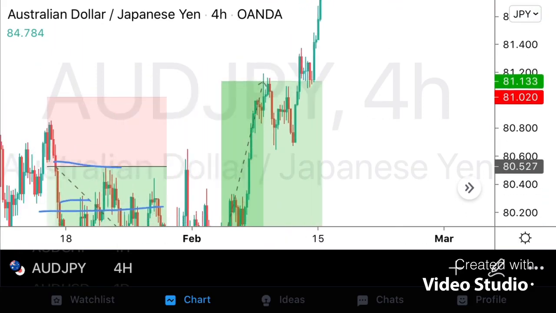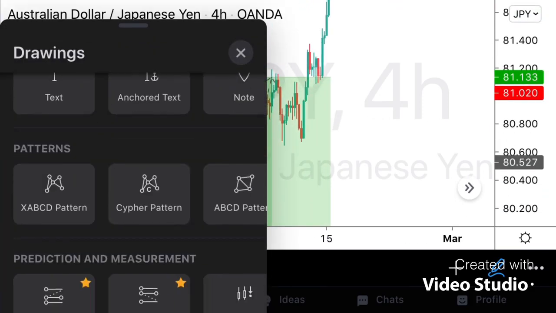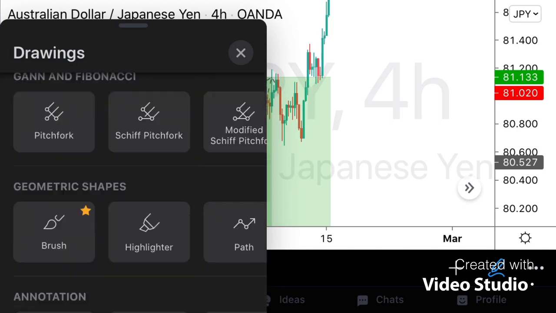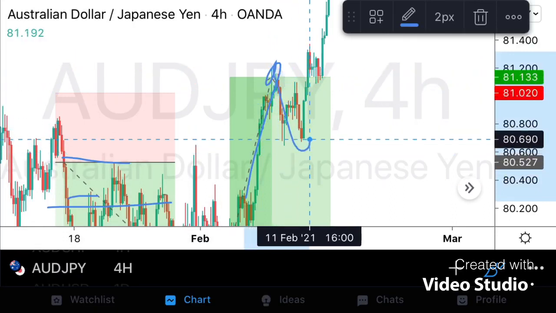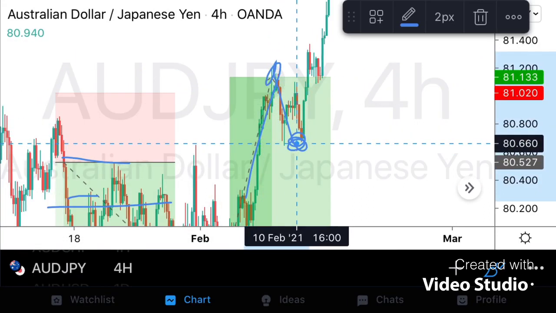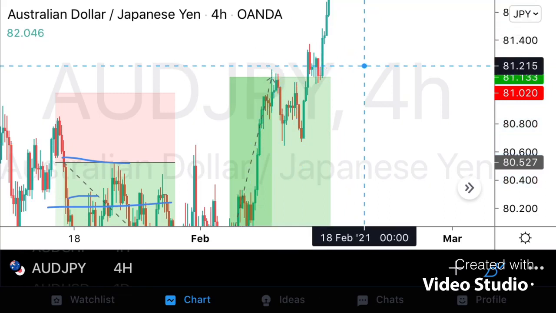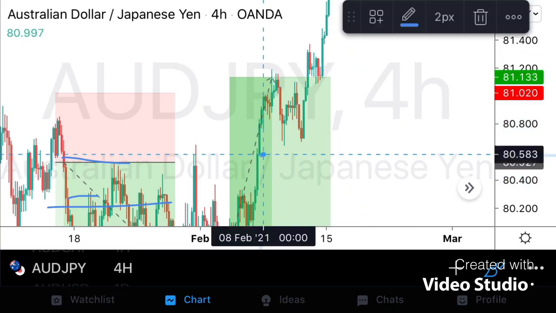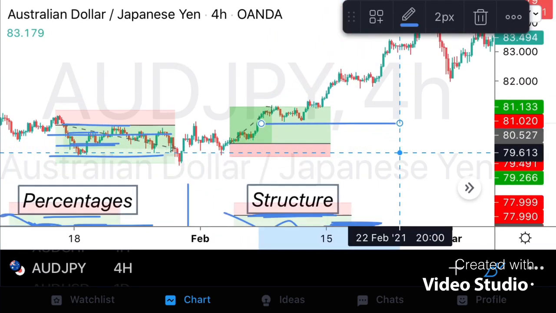Now, how we'd be managing this position is we'd wait for highs. Because we are buying, we're expecting markets to be in an uptrend. We're waiting for that high to be formed, for that higher low to form. Once prices break and close above previous highs, we trail our stop loss below structure. And then we wait for the same thing. Just rinse and repeat, guys.